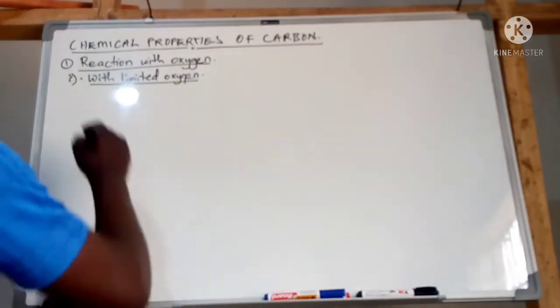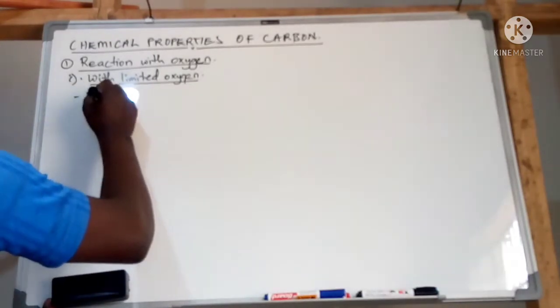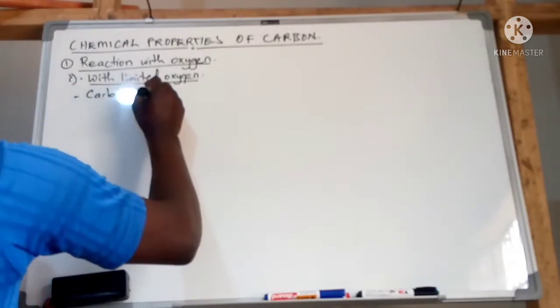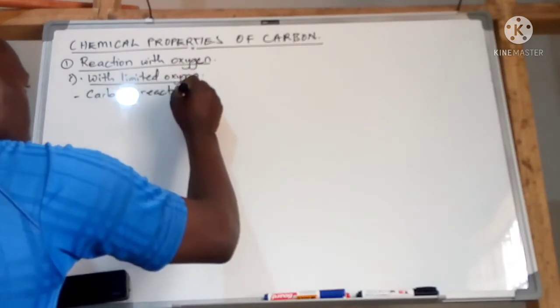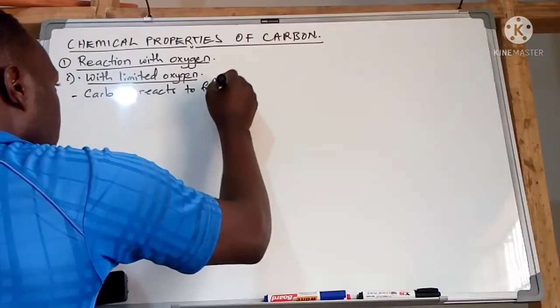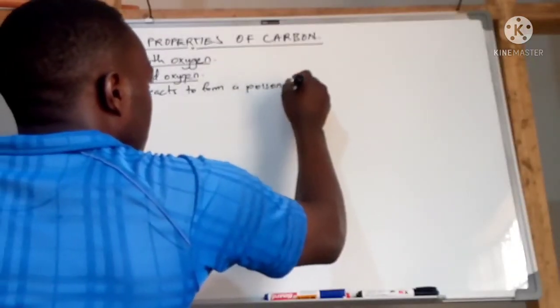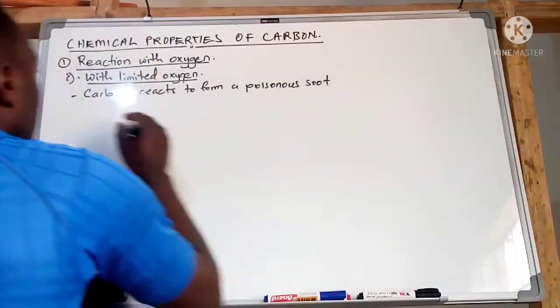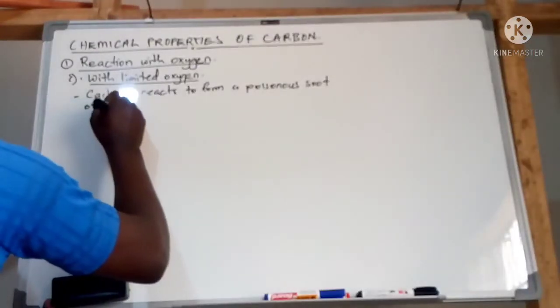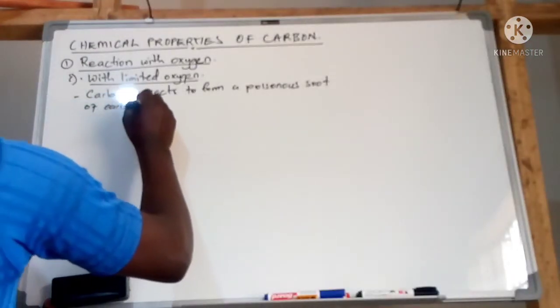So with limited oxygen, carbon reacts to form a poisonous gas, carbon monoxide.